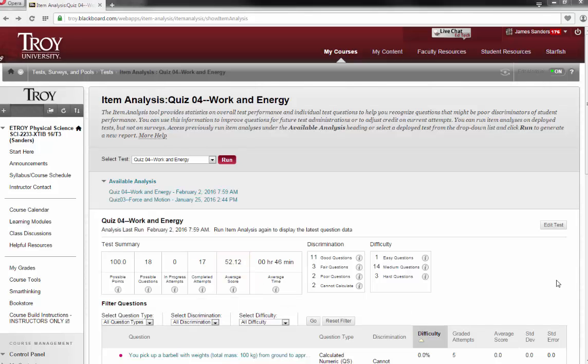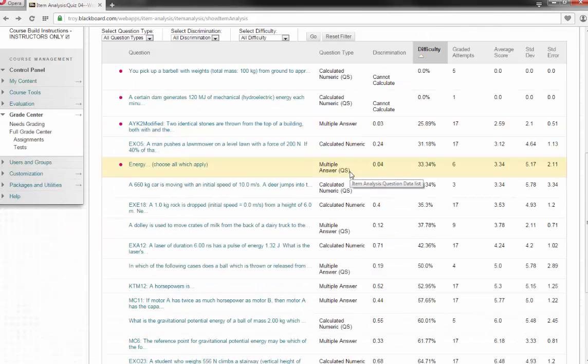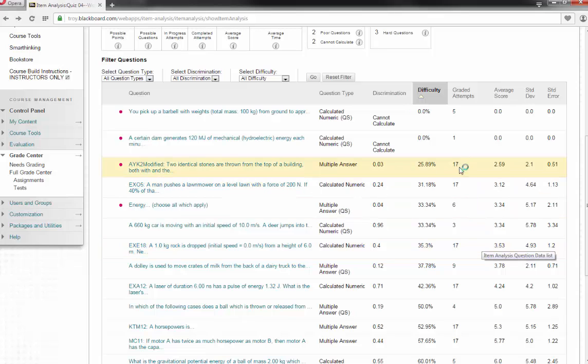In any case, according to Blackboard's analytics, there were 3 hard questions, 14 medium questions, and 1 easy question. It says there were 17 completed attempts, so the ones of most interest are the ones that 17 people actually attempted.